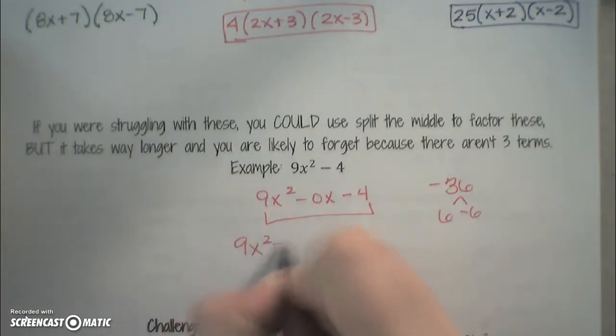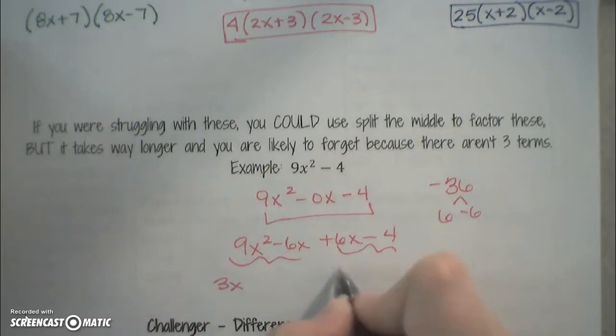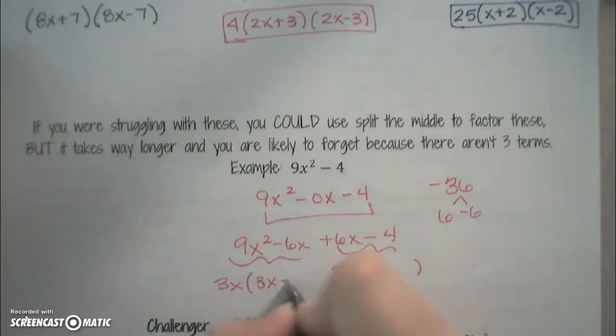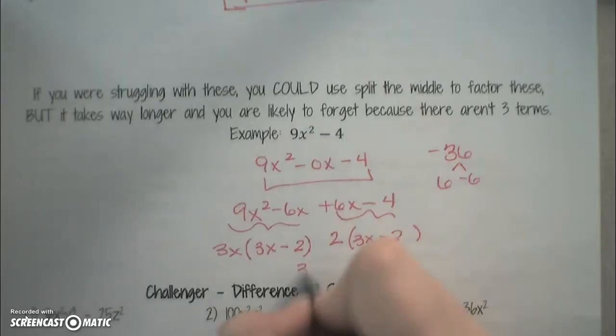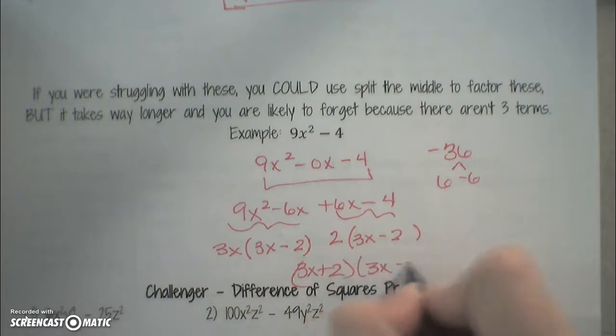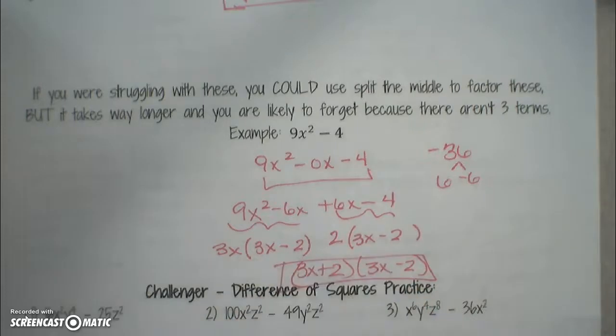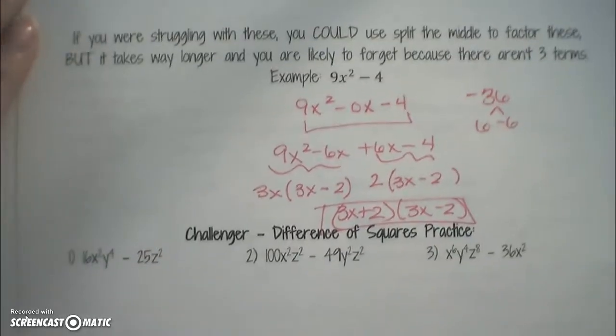So 9x squared minus 6x plus 6x minus 4, group, pull out a 3x, pull out a 2, and we wind up with 3x minus 2 and 3x minus 2. So we have a 3x plus 2 for our GCFs and a 3x minus 2 for our matching parentheses, and there's your answer. So you could split that middle term even if you forget.